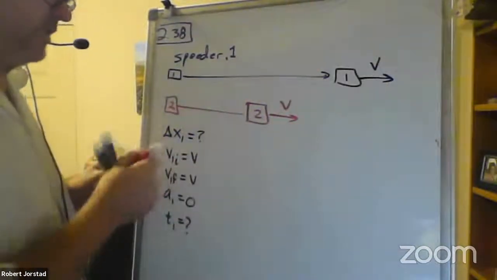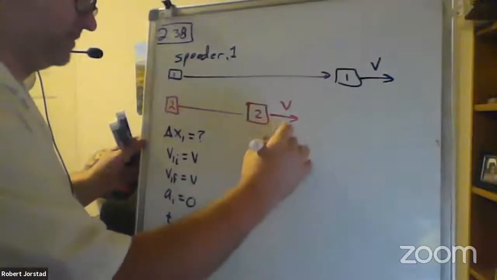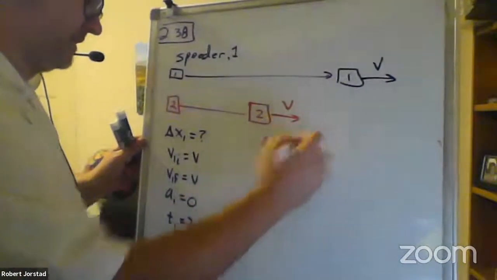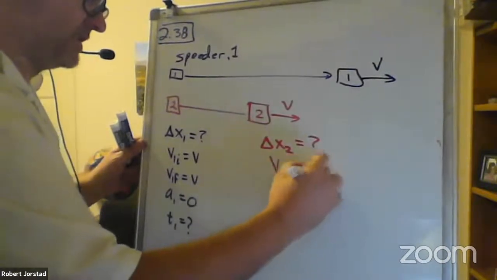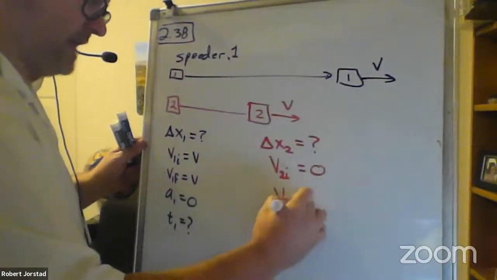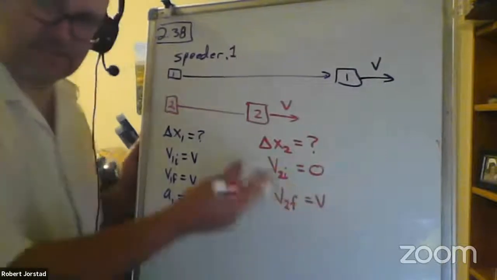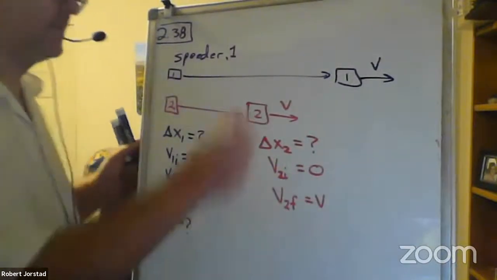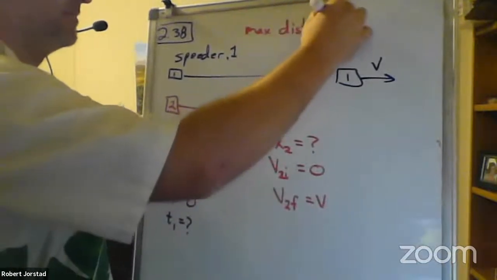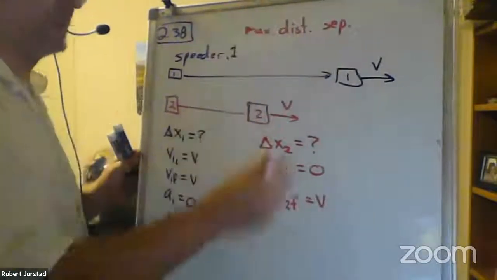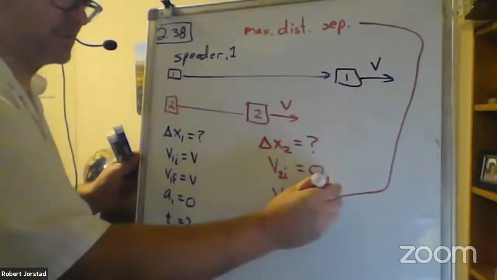So now I go over here to X2. V2 initial is still 0. V2 final is V because it's max distance between. So if we're doing max distance of separation, that's what tells us this.